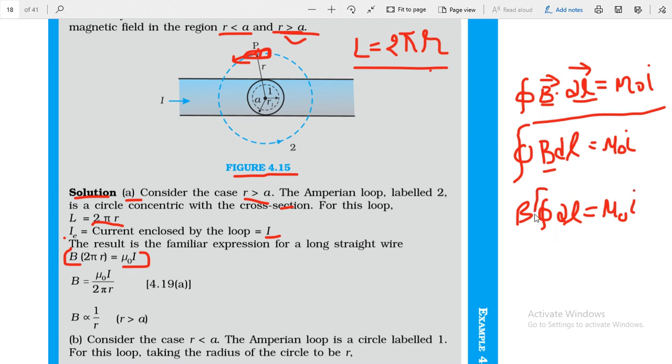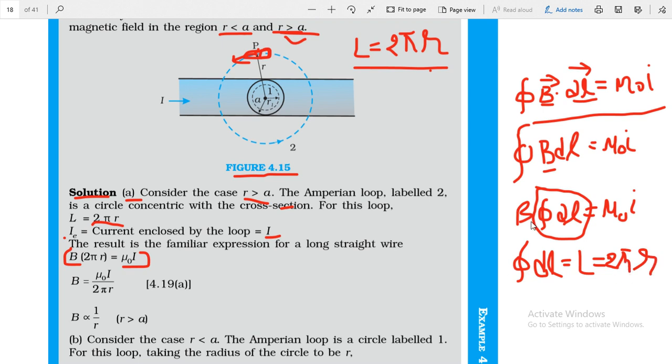Now the integral of this part, that is the integration of dl, will give you the total length, and this will be equal to 2 pi into r.